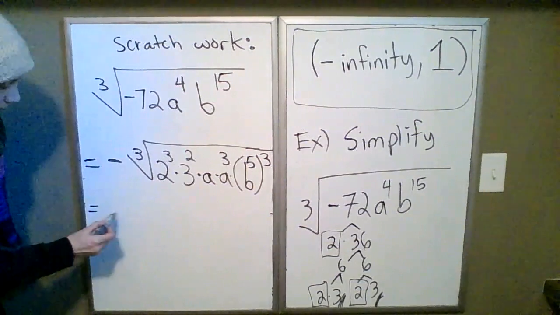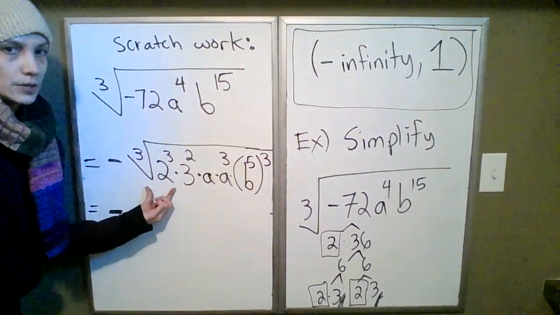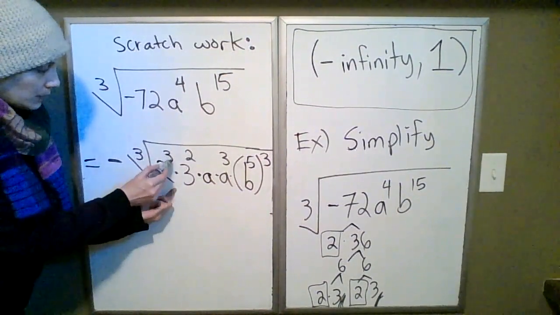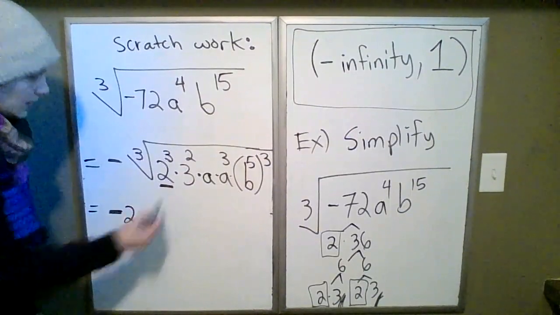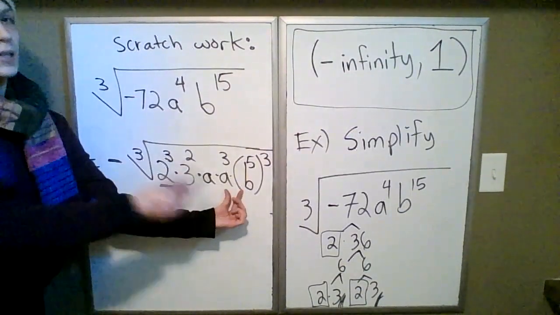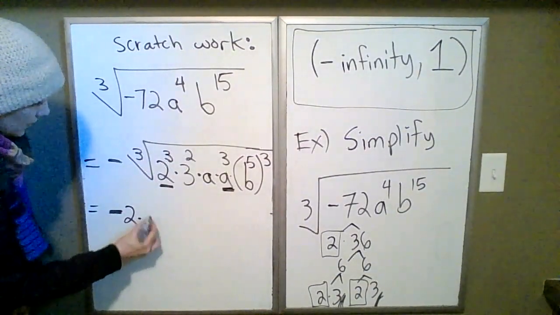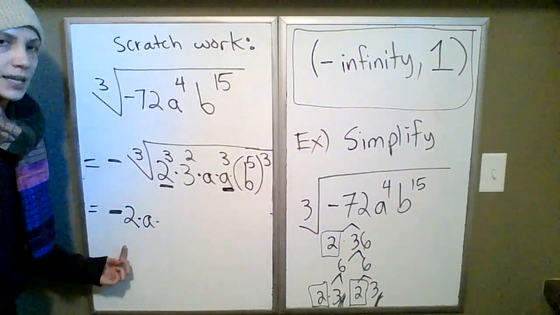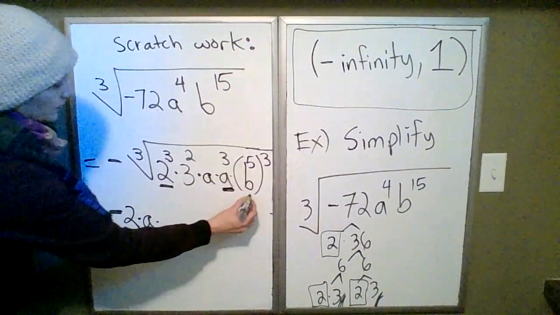Still have that negative sign. I can bring out this 2 since its power matches the root. Same with this A cubed. We'll bring out A. Multiply it with that negative 2. And same for B to the fifth.